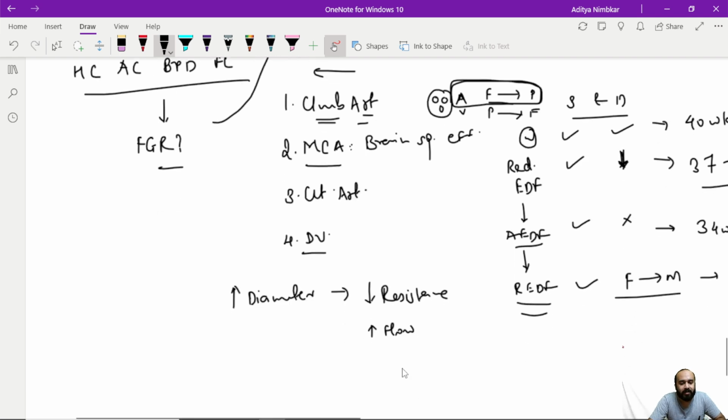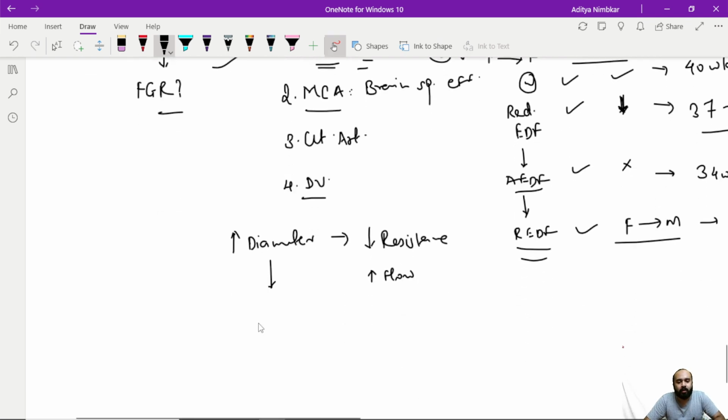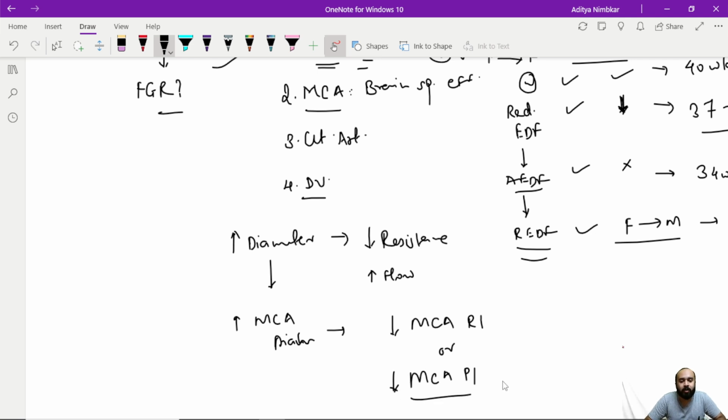So a very simple thing that happens is the diameter of the middle cerebral artery is going to be increased, and that will reflect in reduced MCA resistance. Resistance is measured by two indices: one is resistivity index and the other is pulsatility index. Just the way of calculating it is different, but both are resistance indices. So there is going to be a reduction in the middle cerebral artery PI.